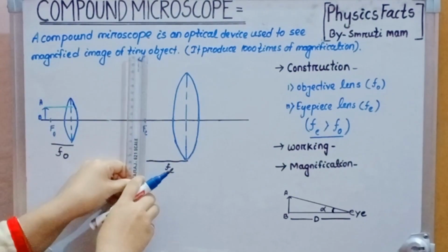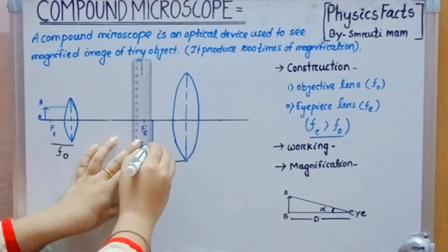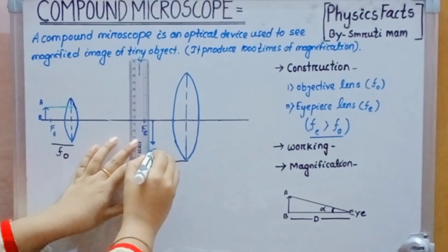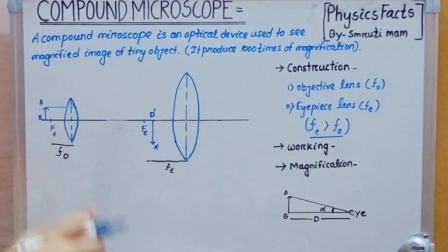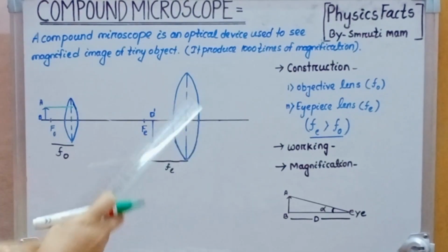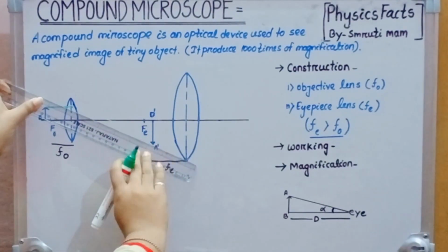Okay, now here the image is produced. This one is the image, A prime B prime. Then you draw the lines so that there are no errors. You join this point to this point.